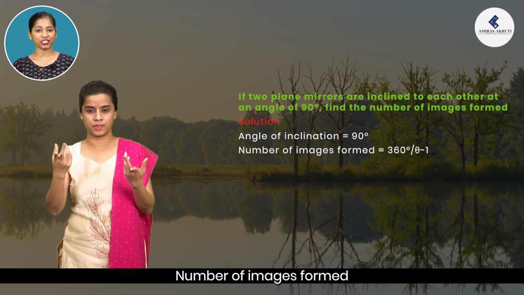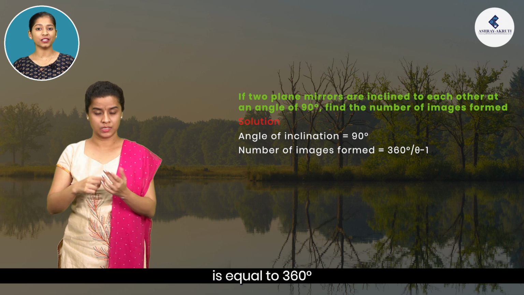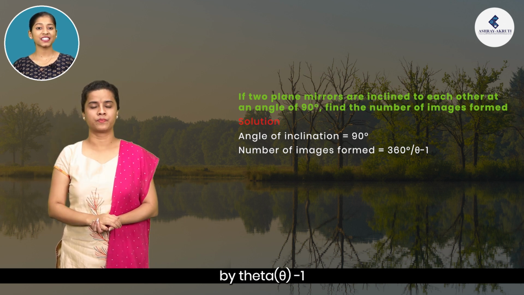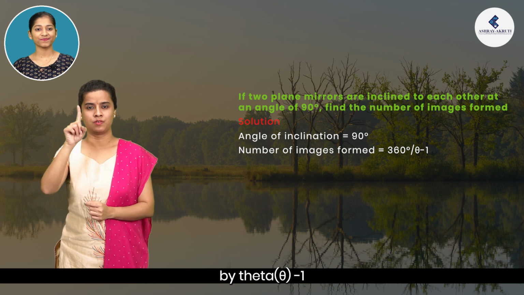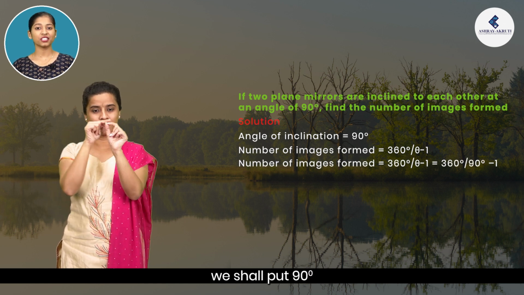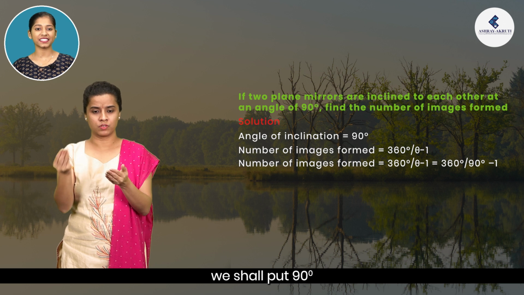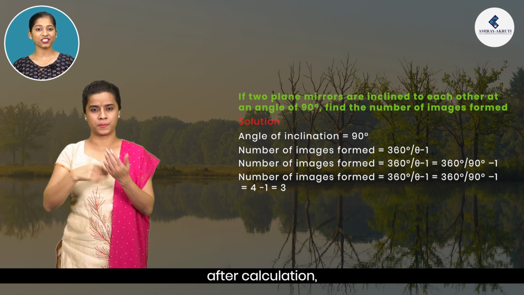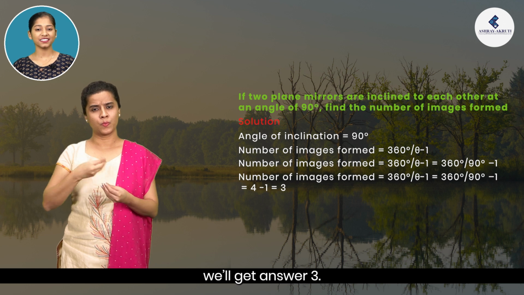Number of images formed is equal to 360 degrees by theta minus 1. In the place of theta, we shall put 90 degrees. After calculation, we'll get the answer 3.